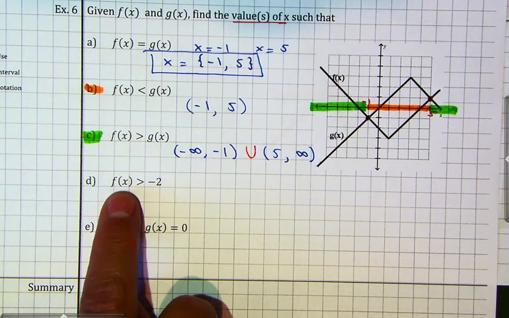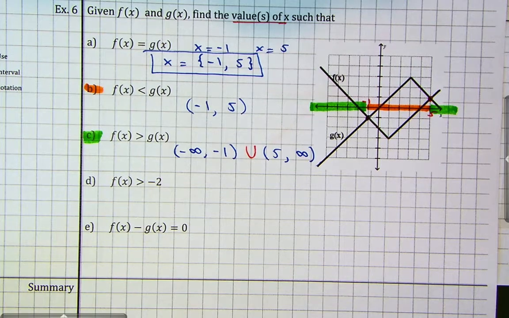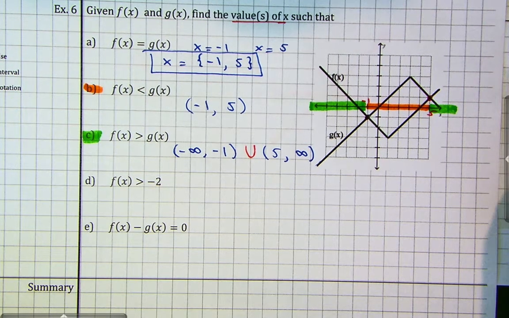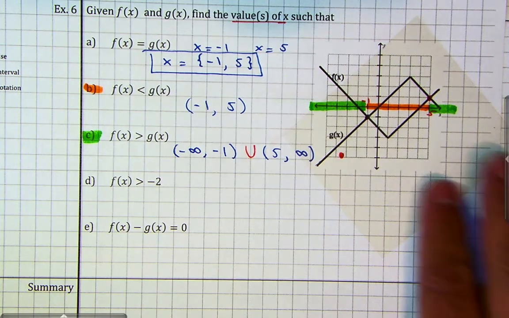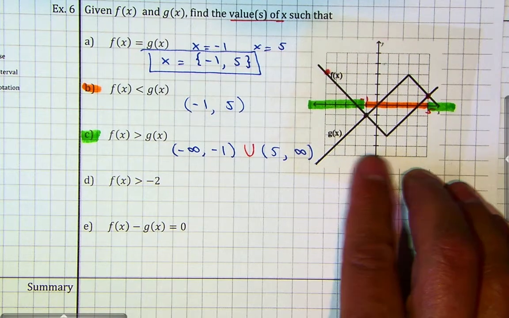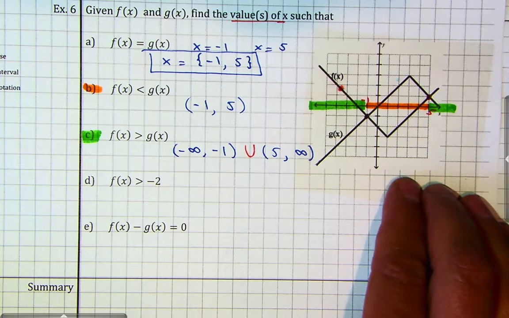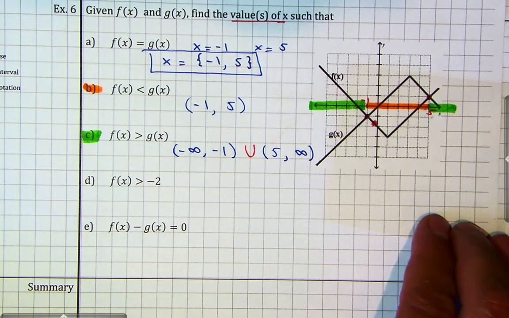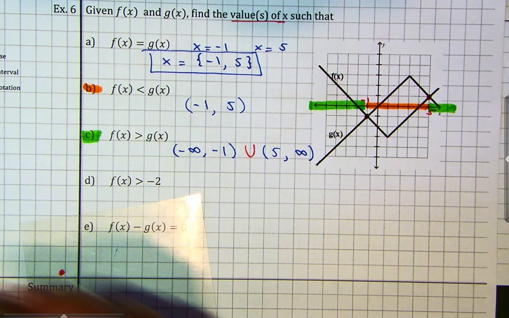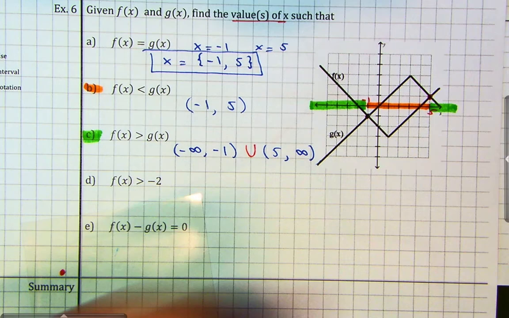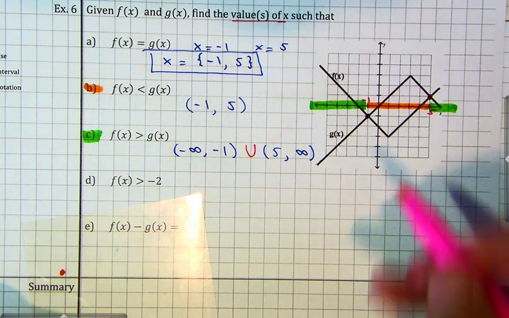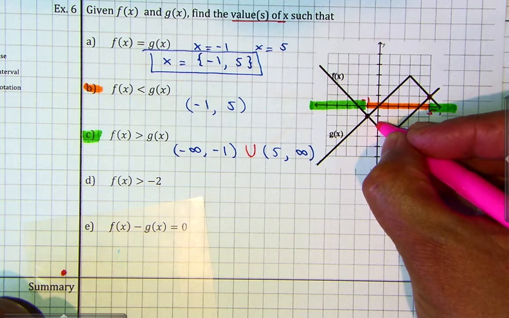When is f of x greater than -2? Well, when is f of x greater than -2? F of x is 3, 2, 1, 0, -1, -2. So all this section here, in this section, this is -2 for the y value.